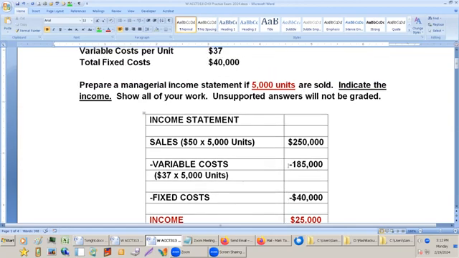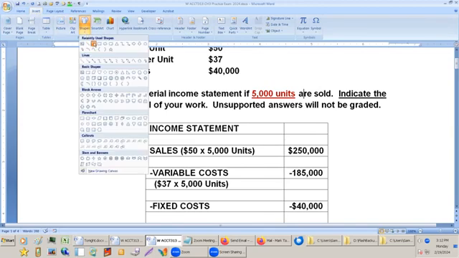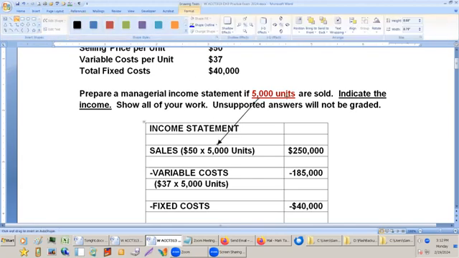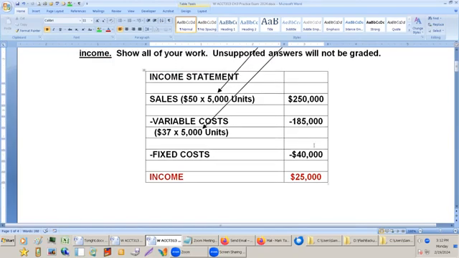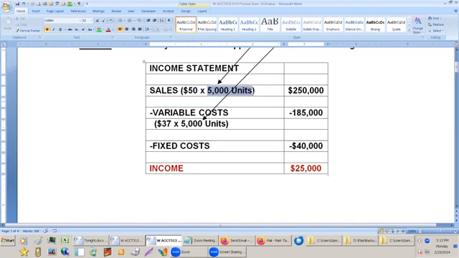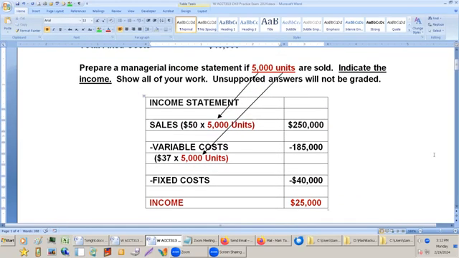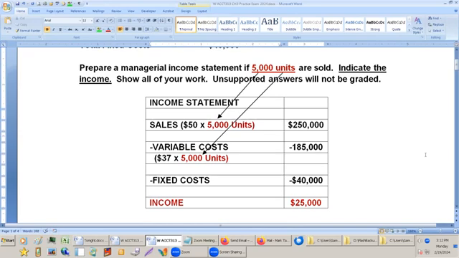So what would our income be? Okay, question on that?